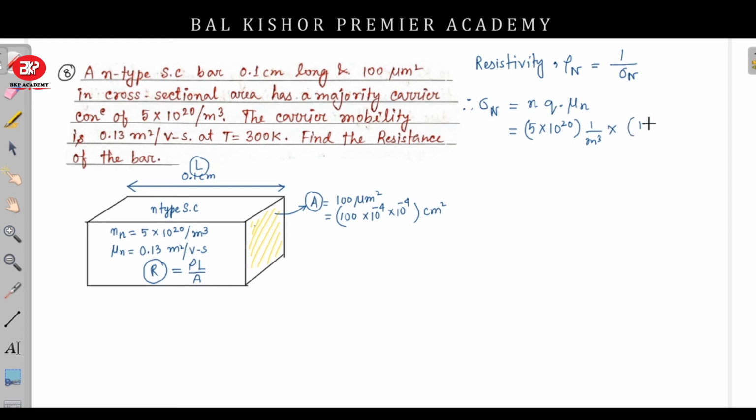Q value 1.6 into 10 to the power minus 19 कूलॉम और म्यू का वैल्यू क्या है? म्यू का वैल्यू है 0.13 meter square per volt second. So if we calculate this, we can say the conductivity value is like this one. Now we need to find the value of resistivity.